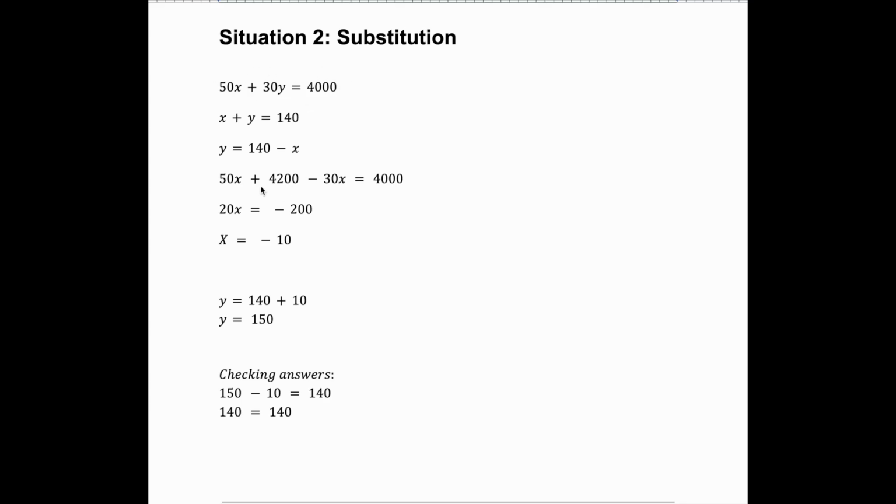If we do that, we will get 50x plus 4,200 minus 30x equals 4,000. Once we solve this equation, we get 20x equals negative 200, and thus x is negative 10.